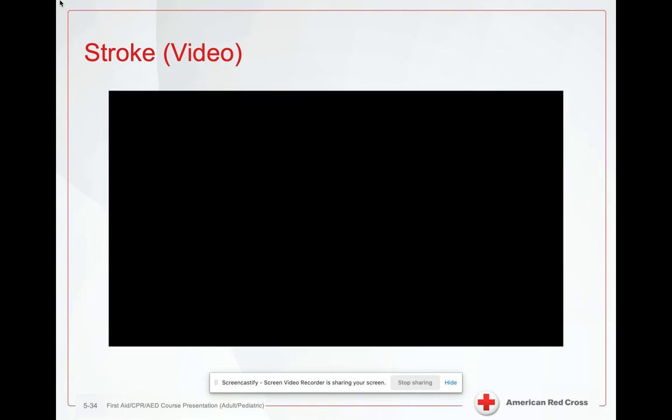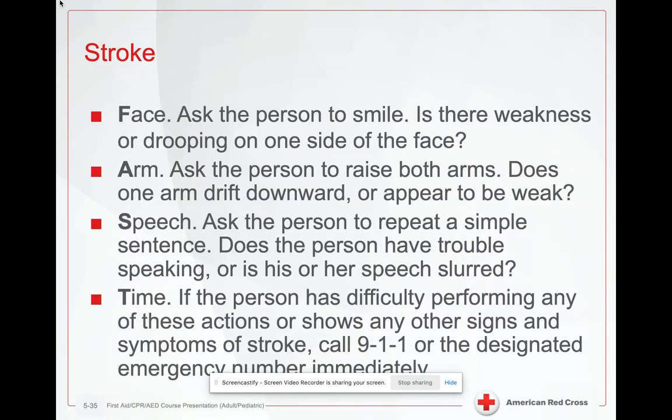Okay, so with stroke, we want to go ahead and use that FAST acronym to assess where they're at and if we need EMS. So F for face, you can ask them to smile and see if there's weakness or drooping on one side of the face. A is for arm, see if they can raise both arms or if one appears weak.